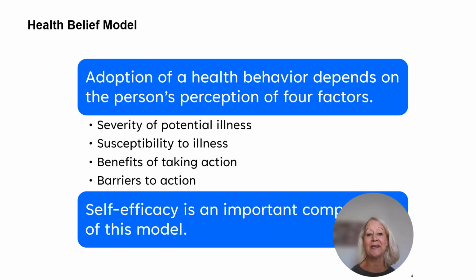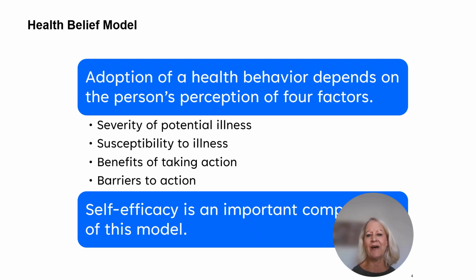Now, the health belief model explains why individuals adopt or avoid health behaviors. The core assumption is that a person's decision to engage in a health behavior such as exercise, diet, or screening depends on their perceptions of key factors. The first is perceived severity: how serious are the consequences of the condition, such as heart disease or diabetes?